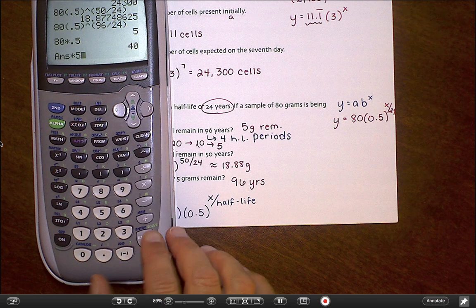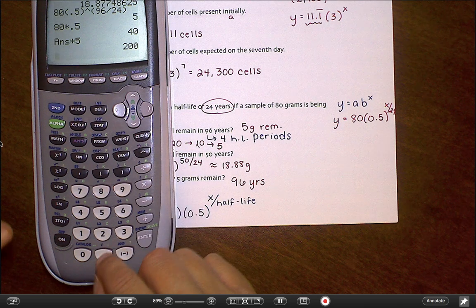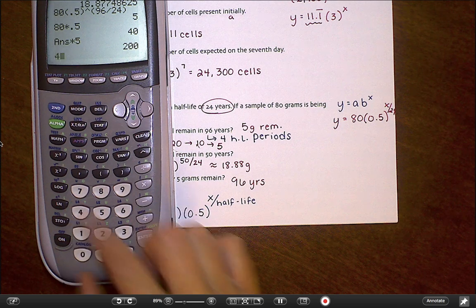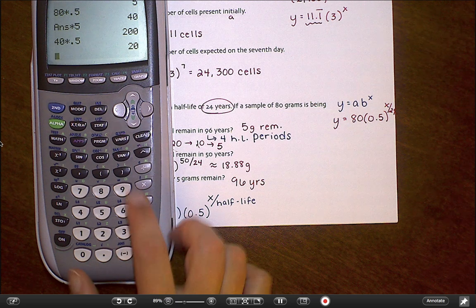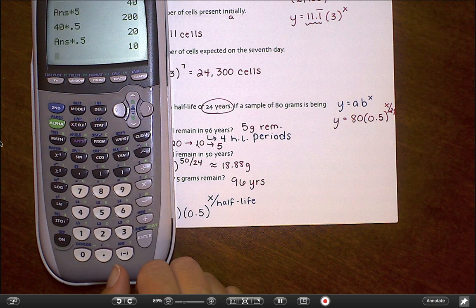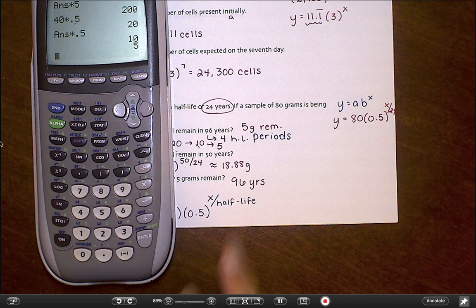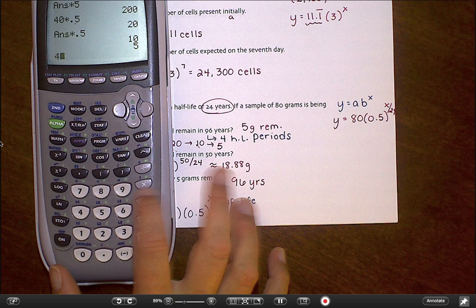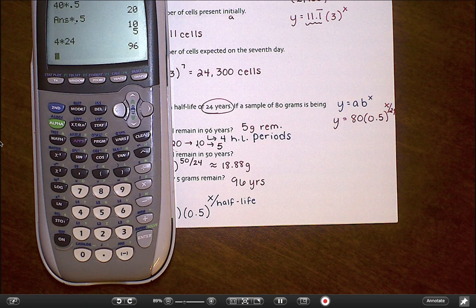And then multiply by 0.5 again. There's 2 half-life periods. Now I'm going to multiply by 0.5 again. There's 3 half-life periods, 4 half-life periods to get to 5. So 4 half-life periods, if every half-life period is 24 years, is 96 years. Okay?